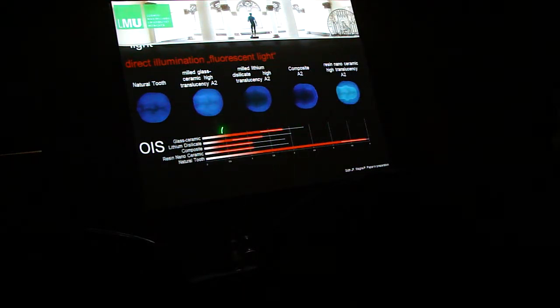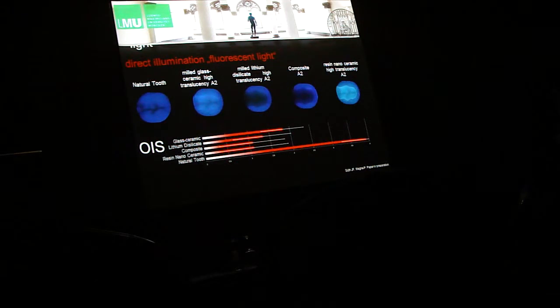Again, here the optical integration score for the resin nanoceramic is not that high, but the big difference is, of course, I can see this inlay as well as this here, but the optical integration score is about the same. So this means we are searching for a new evaluation method considering the light value.